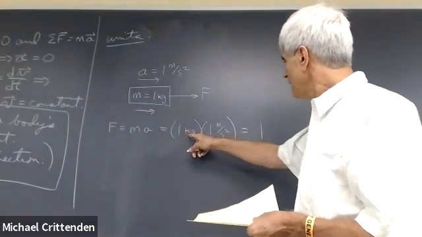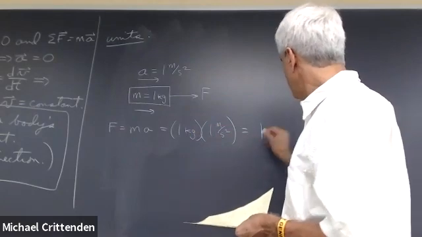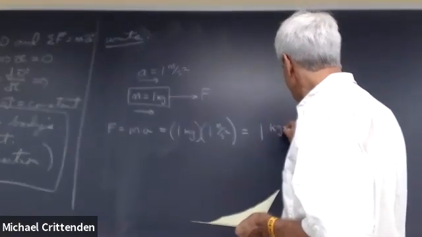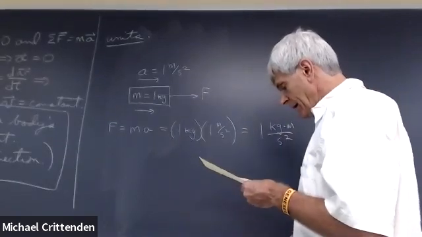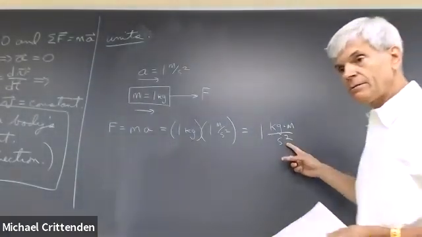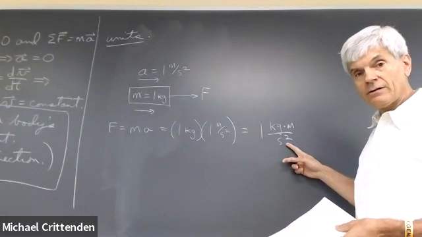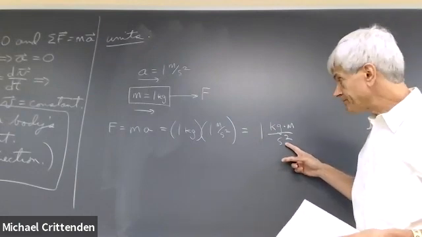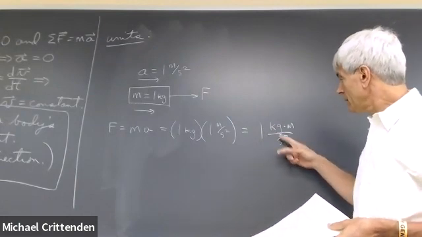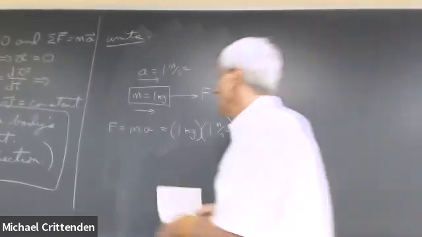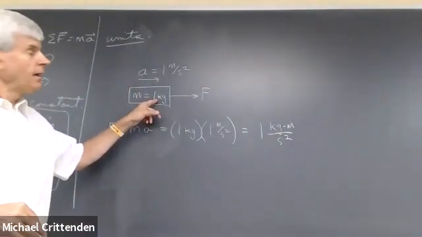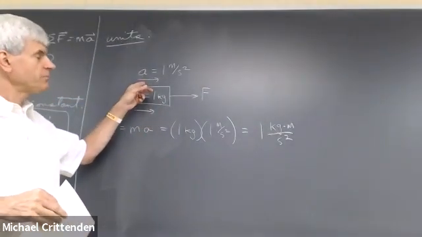So kilograms times meters per second squared is what we have here. And so that would be the SI unit for force. Kilograms times meters per second squared, meaning the amount of force that would give 1 kilogram an acceleration of 1 meter per second per second.